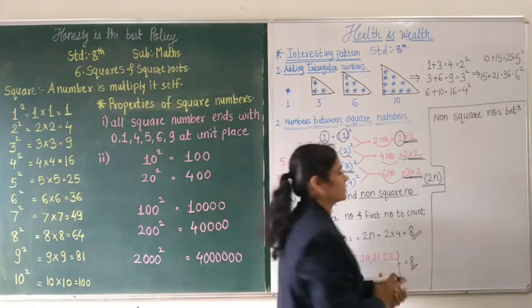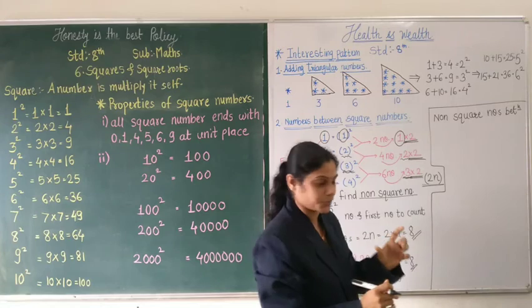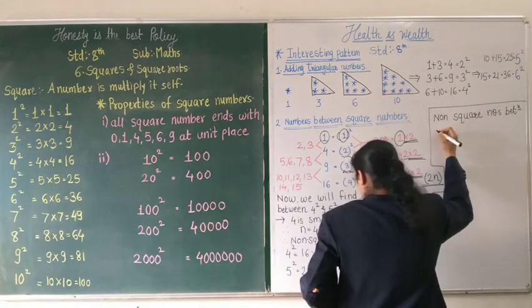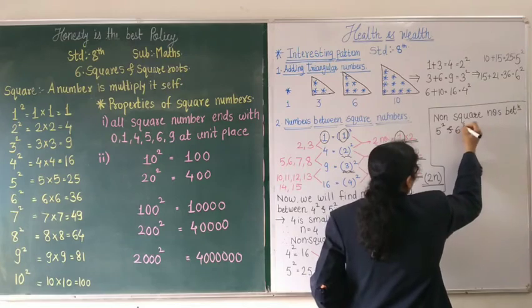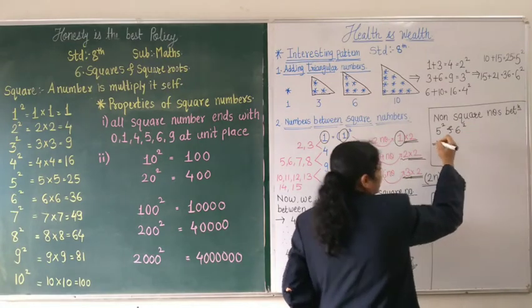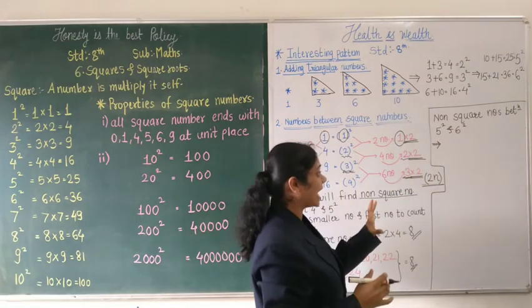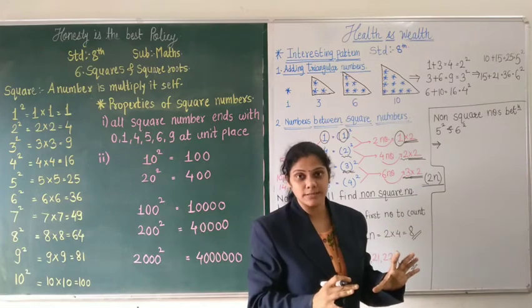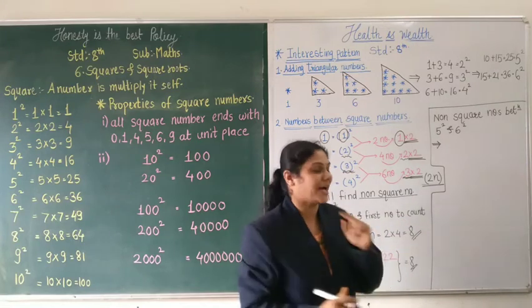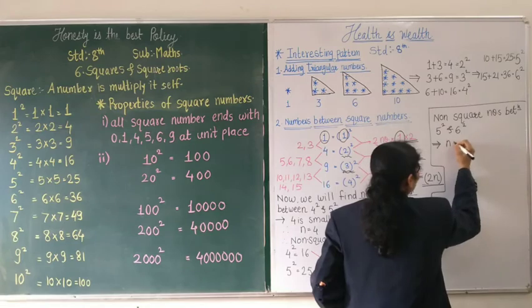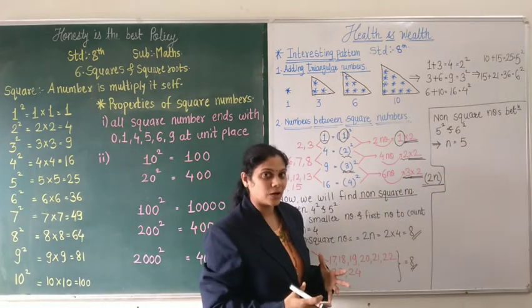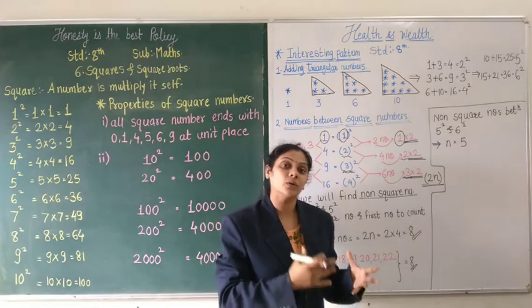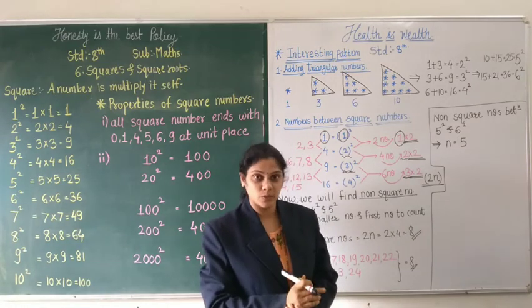While giving the exam, you have to write the proper word between. Between 5 square and 6 square. So now we will solve this. So dear student, between 5 and 6, which one is smaller? Yes, 5. So as n, we will select 5. So which formula have we found to find the non-square numbers between square numbers?